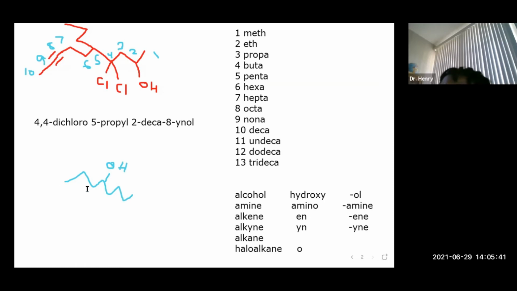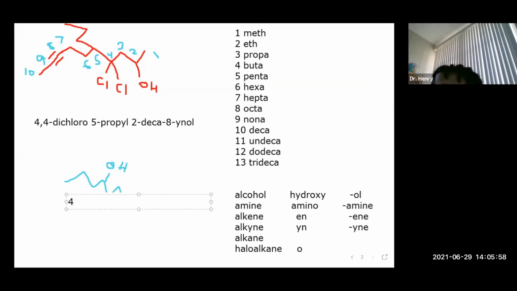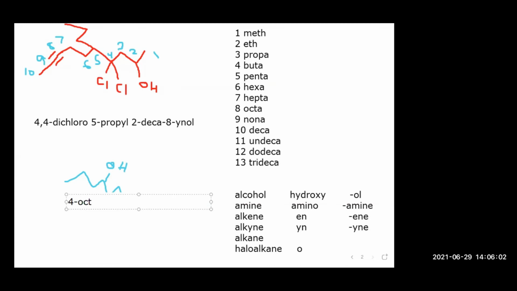So, 1, 2, 3, 4, 5, 6, 7, 8, right, there's 8, and then 1, 2, 3, 4. The OH, the alcohol is on 8, 4. So you said it would be 4 octa. Yeah, 4 octa.